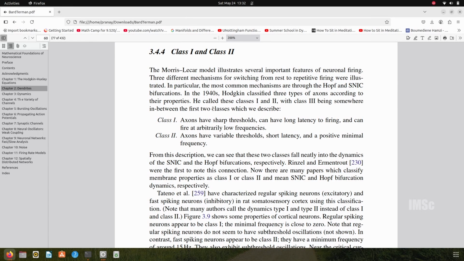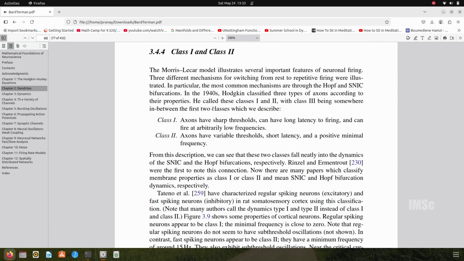The correspondence between the Hodgkin classification and properties in terms of bifurcations was first noticed by Rinzel and Ermentrout, and this is now a staple in the field of neuroscience. Okay. So, as Bard also suggests, I will leave the third class as an exercise to you for those of you who might want to study it as a project.